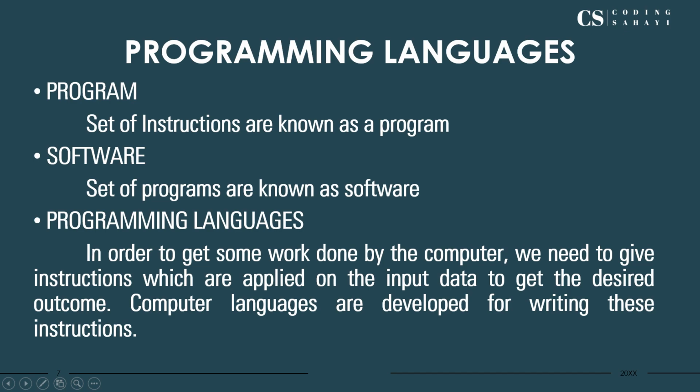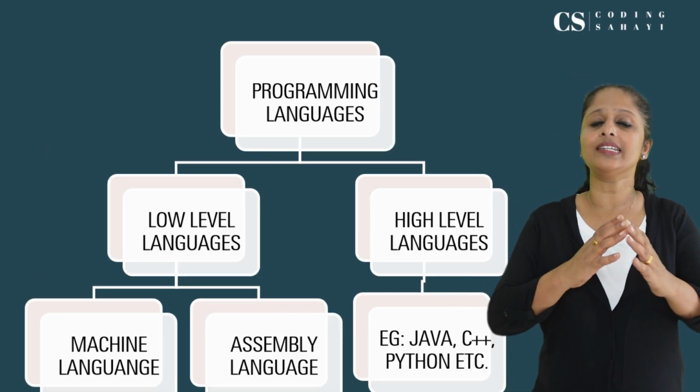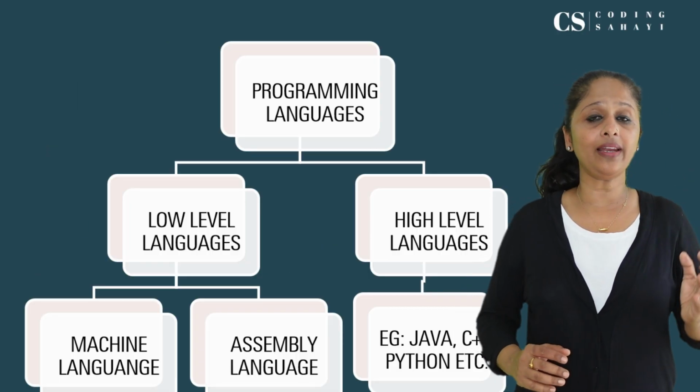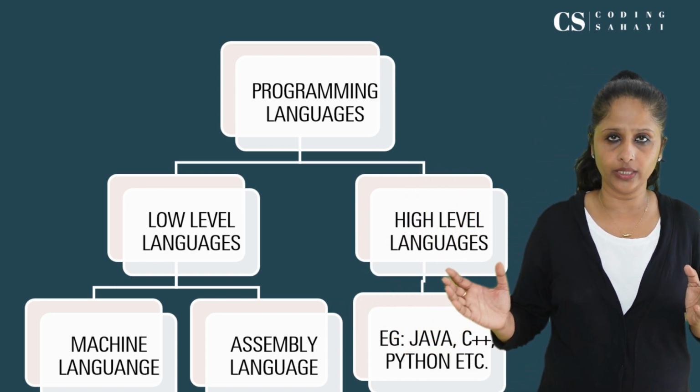So for writing a program or if you want to create a software, we must know programming languages. So for writing a program, we need languages, programming languages. Now we have to study more about programming languages. So the programming languages are, first it is divided into two, low-level languages and high-level languages.